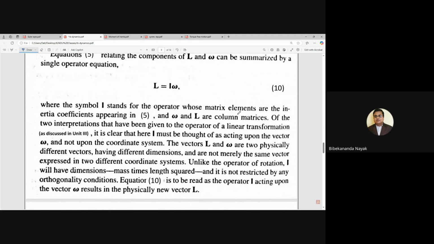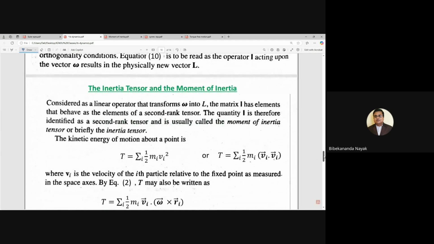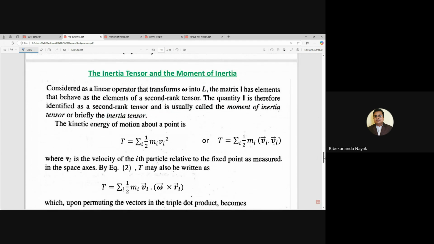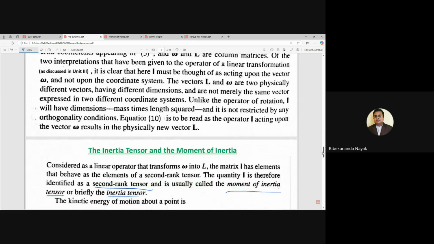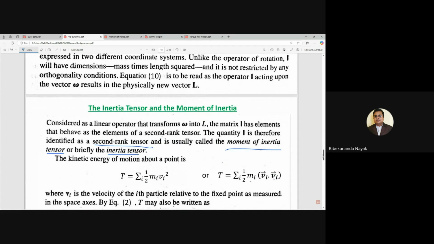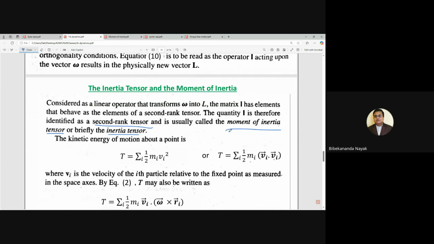I is an operator whose matrix elements multiply the omega matrix. So MR square, you know that, is the moment of inertia. The quantity I is identified as a second rank tensor and is usually called the moment of inertia tensor or simply the inertia tensor. That I, which has 9 components Ixx, Ixy, Ixz, Iyx, Iyy, Iyz, Izx, Izy, Izz, is known as the second rank tensor and called the moment of inertia tensor.